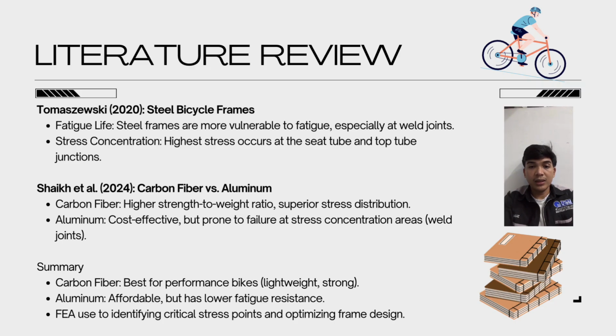Carbon fiber has an excellent strength to weight ratio and absorbs stress well, making it great for sports bikes. However, it is very expensive to produce. Aluminium is cheaper and lighter than steel, which is why it is very popular. But its welded joints can still be weak and develop cracks over time due to repeated stress.